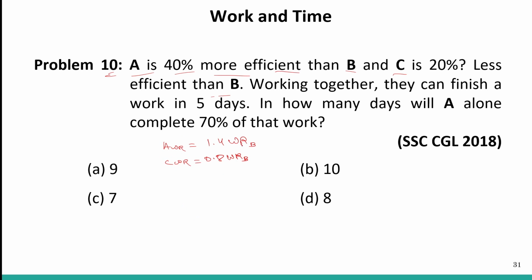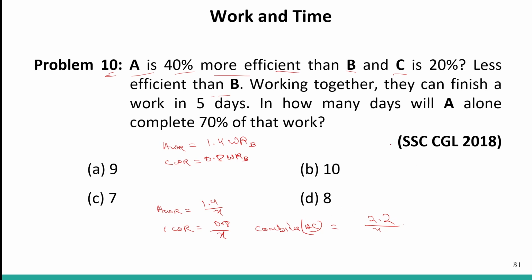So if the working rate of B is equal to 1 by x, then AWR is equal to 1.4 by x, right? And CWR is equal to 0.8 by x, right? So cumulatively, A and C combined is equal to, with x remaining in the denominator and adding these up, 2.2 by x.